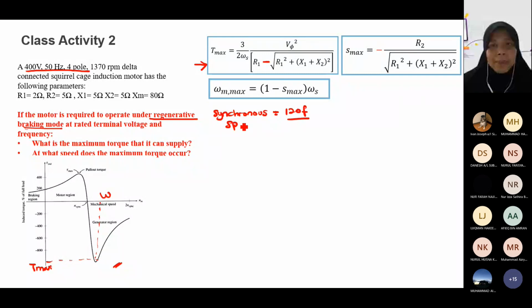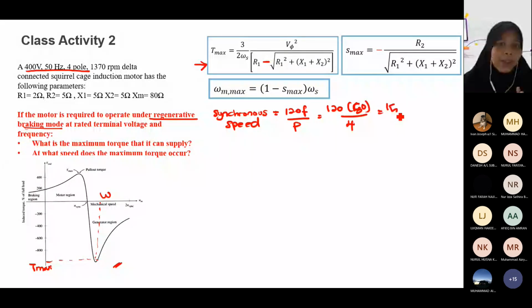So this is how you calculate the synchronous speed. Kita ulang-ulang supaya you lekat kat kepala tu. 120 times 50 over 4. So 1500 RPM. As long as you using the same frequency and same number of pole, synchronous speed will be the same, okay, throughout this problem lah, kan? Tak ada ubah pun pole tu dia. So now, apa lagi yang kita nak?